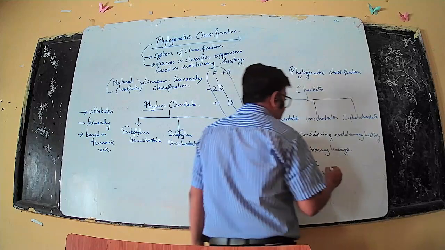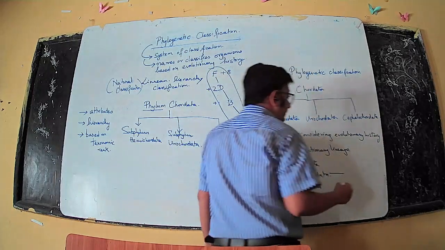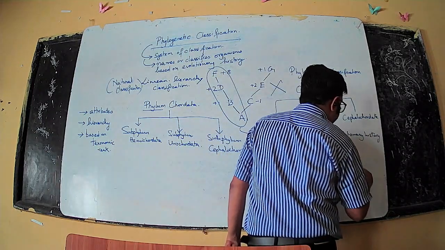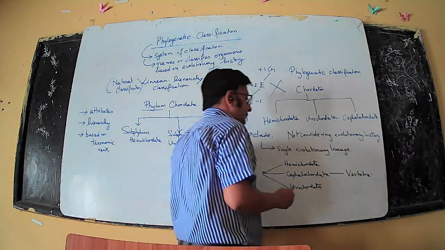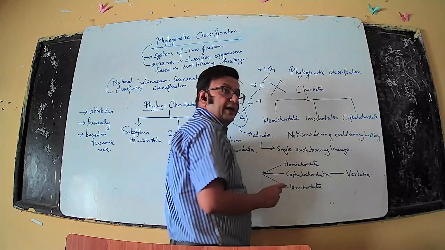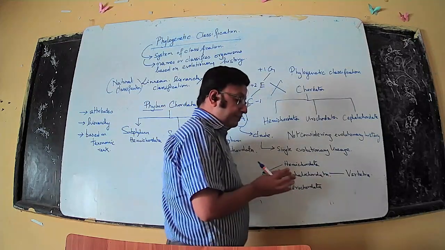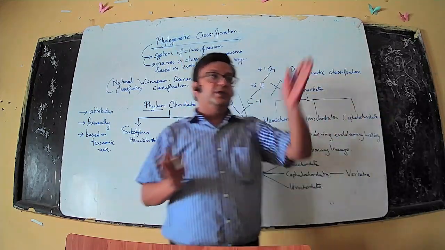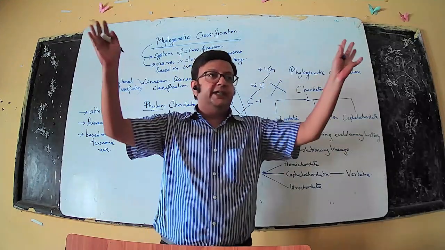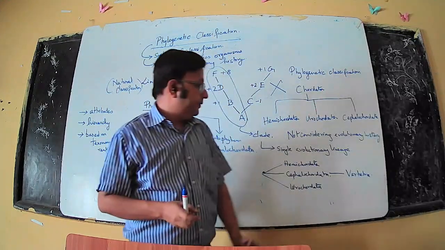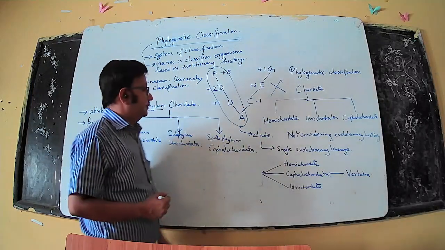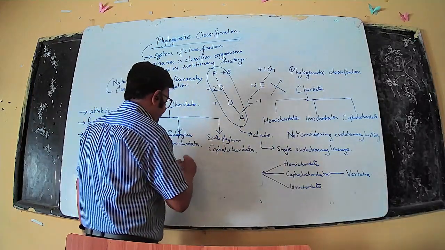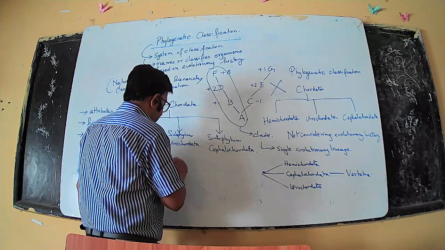Maybe Cephalochordata can later give rise to Vertebrata. This is divergent evolution: from one point, it diverges into 3. For example, dinosaurs.